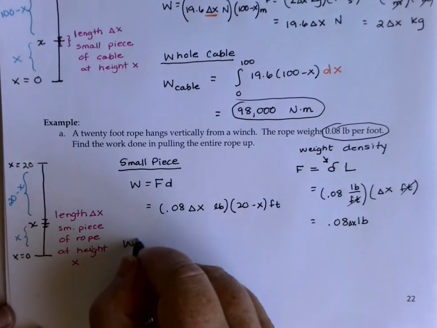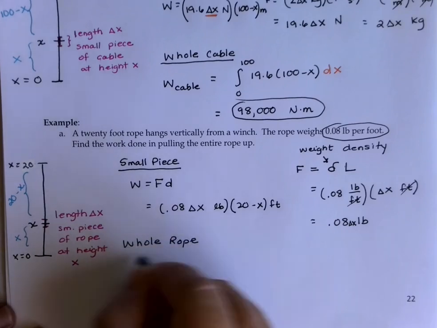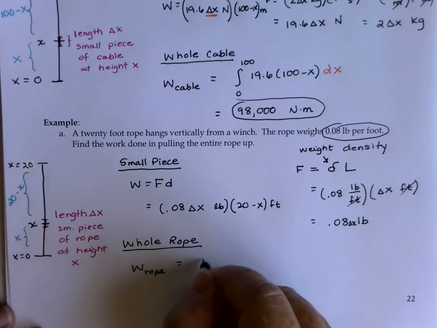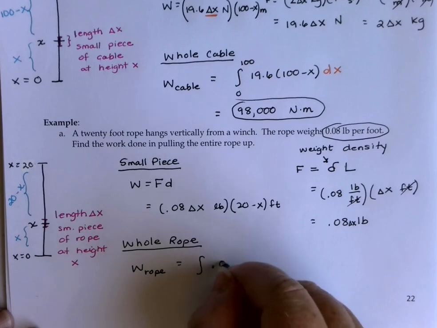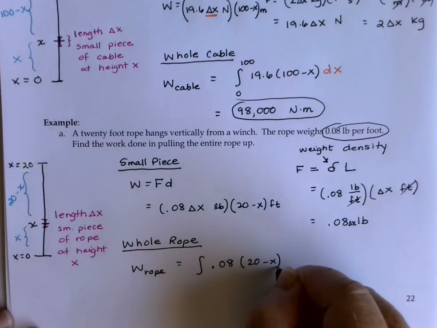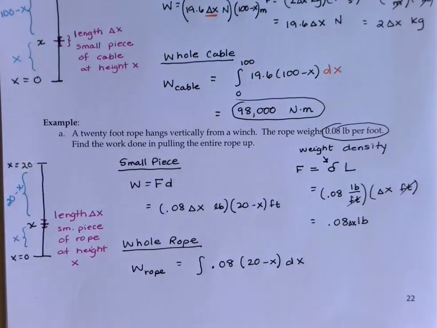I can now do the whole rope. Work for the whole rope would be the integral of this work expression, 0.08 times 20 minus x, times the delta x, which will turn into a dx when we make it infinitesimally small.